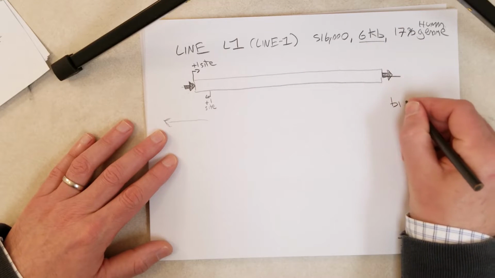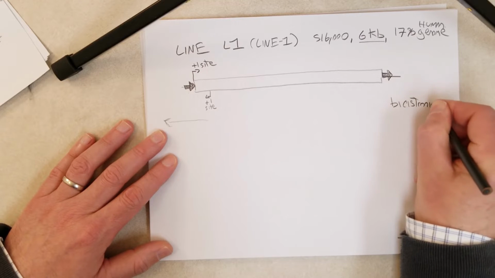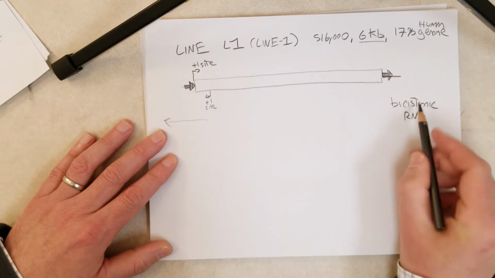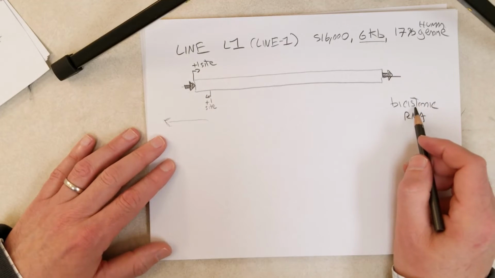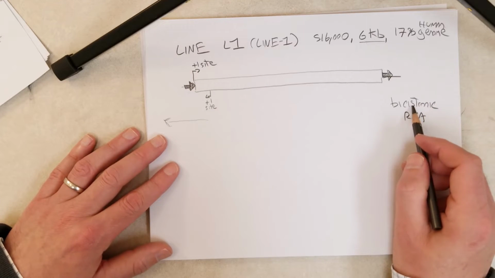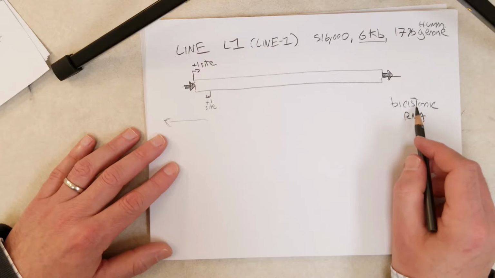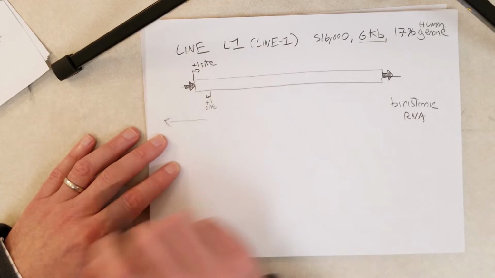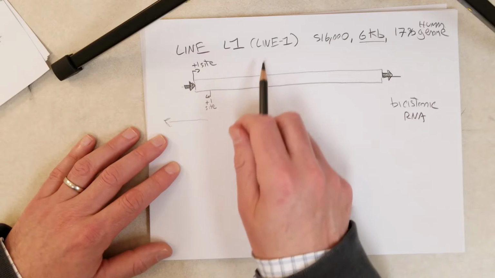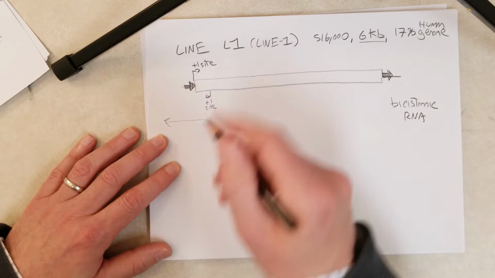Let's say bicistronic RNA. We covered this cistron term when we were talking about, I believe, the lac operon and the trp operon. So essentially a cistron is just a part of an RNA or a genome that codes for a protein. So there are going to be 2 regions of the messenger RNA from the line 1 element that code for a protein.